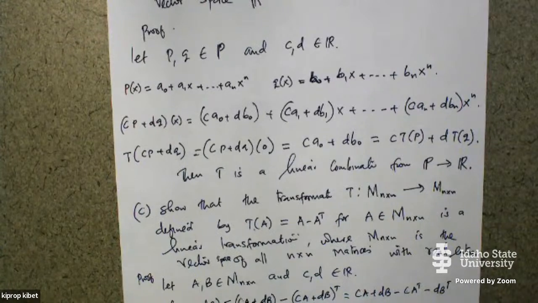Then finally you can collect the like terms: cA minus cA transpose plus dB minus dB transpose. So when collected, you factor out c, then you find A and A transpose there, and then B and B transpose. So basically, this is equal to c T of A plus d T of B.